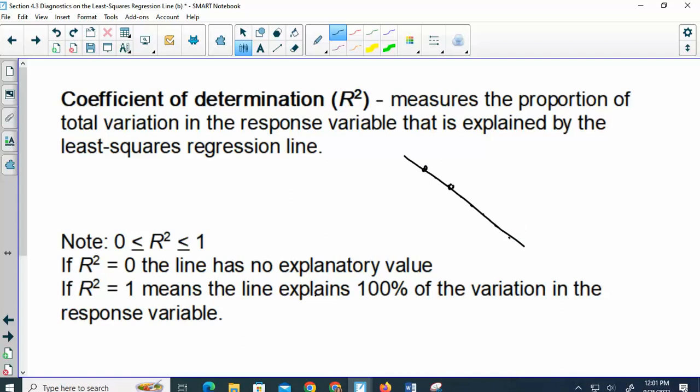If I have an R squared of 0.9, 90% of it is because of the line, and 10% is something else, because points aren't exact, that kind of thing.